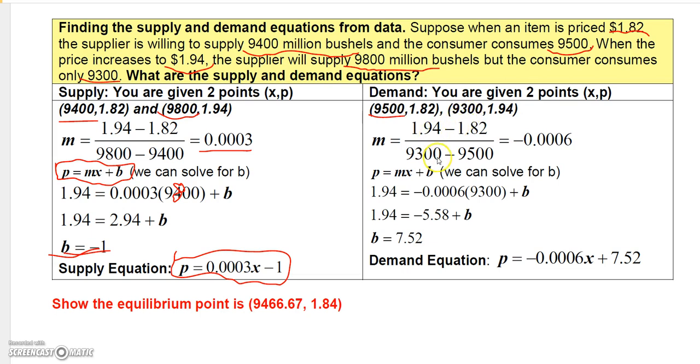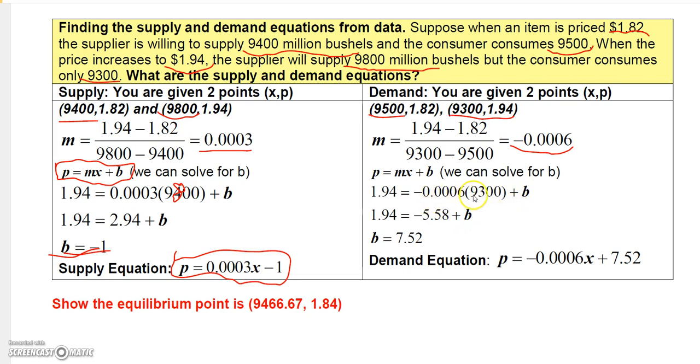So now solve this just like before. Calculate your slope, $1.94 minus $1.82 divided by 9,300 minus 9,500, and that's going to give me a slope of -0.006. And then use the same formula, P equals mx plus b, and let's go ahead and plug this point in. We'll plug in $1.94 for P and 9,300 for x, and then we'll solve for b.